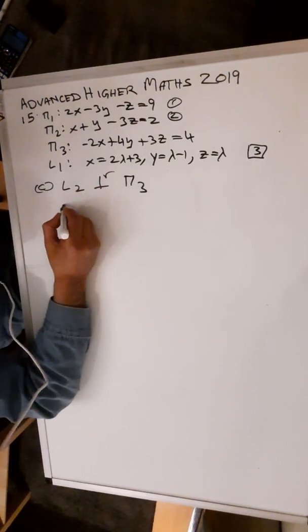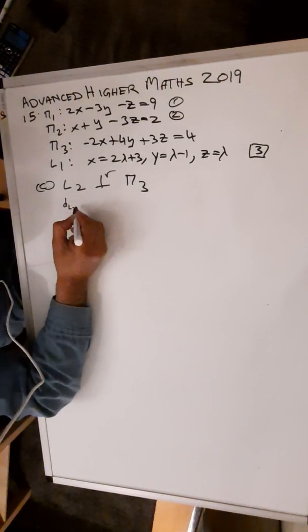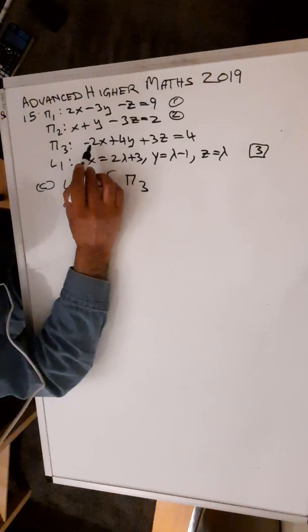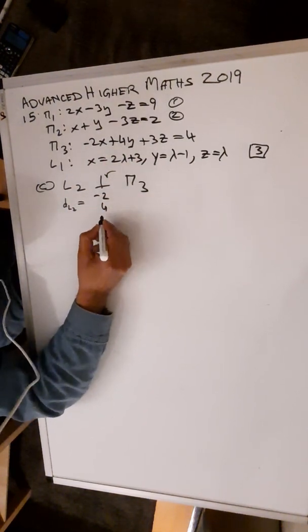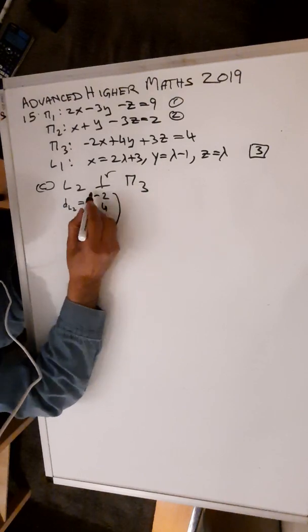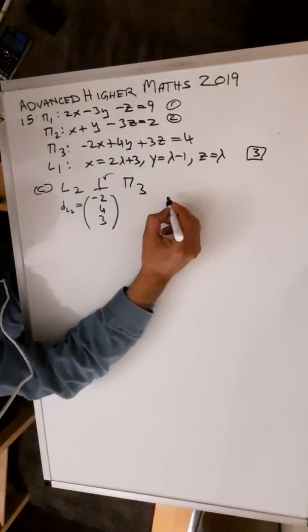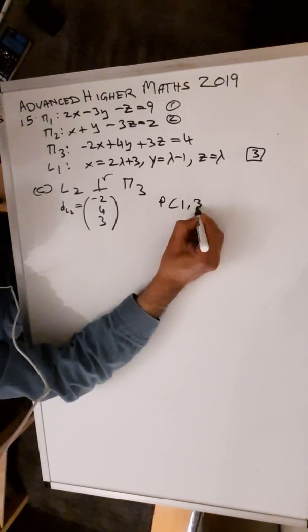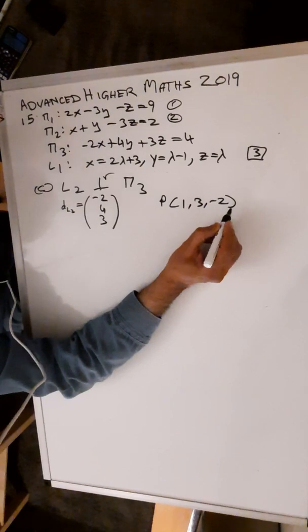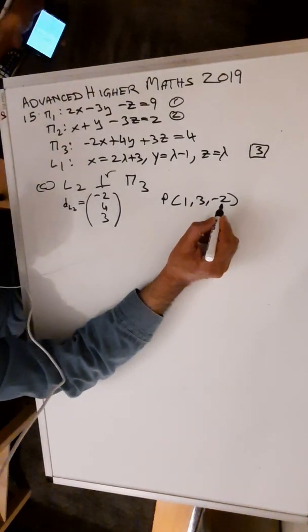That means that the direction vector of L2 is coming from the coefficients of x, y, z there, which is minus 2, 4, 3. And you're given a point on the line. The point is B, 1, 3, minus 2. Determine whether or not L1 and L2 intersect.